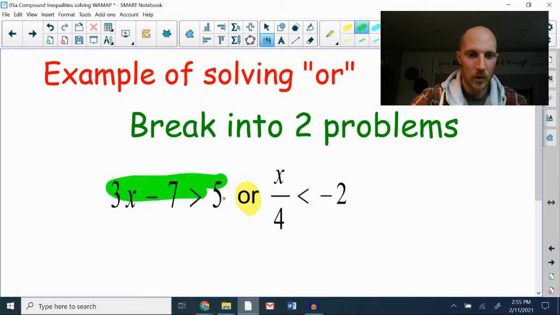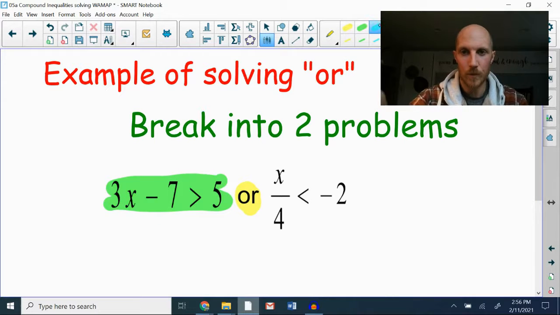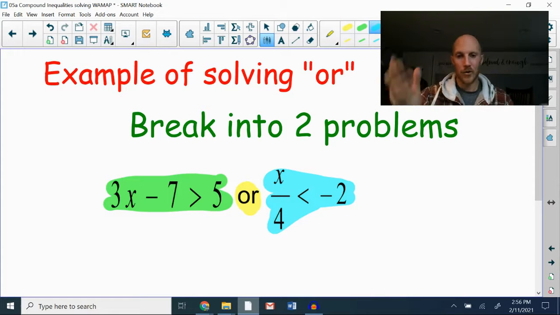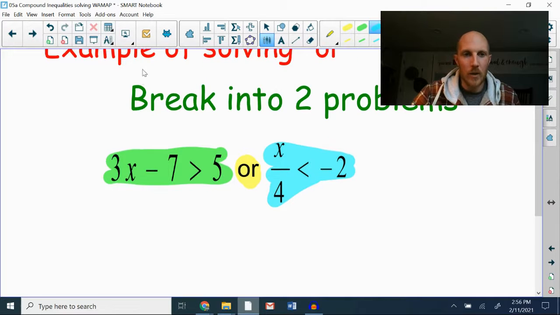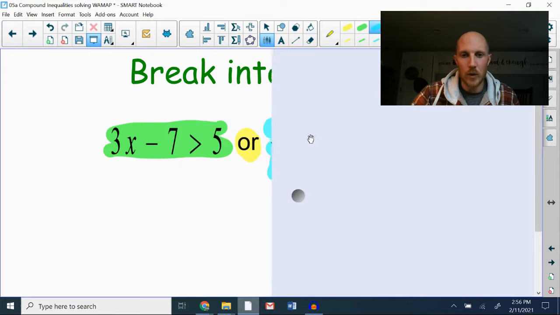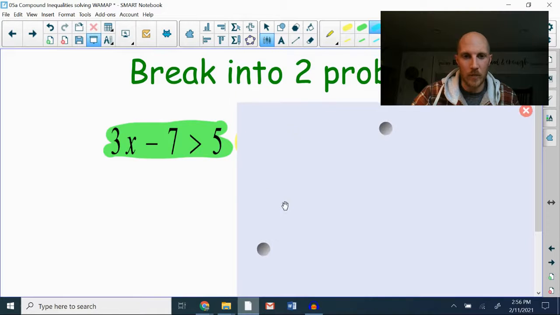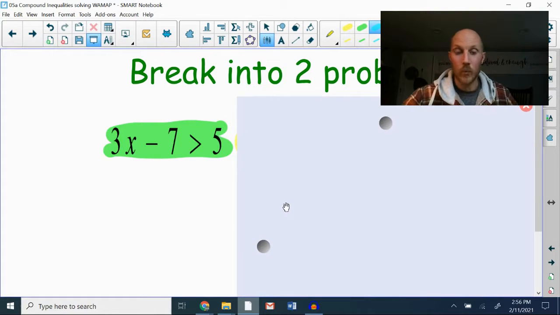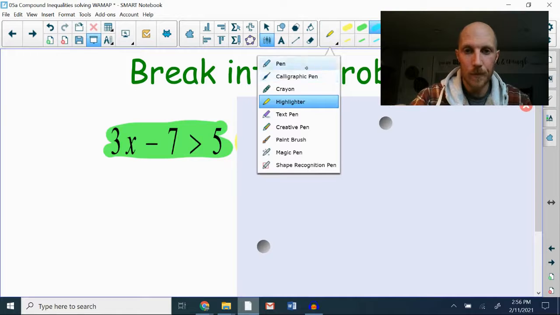So we've got one inequality over here, we'll do in green, and another inequality over here, we'll do in blue. You just cut it right down the middle at the word or. We'll make two completely separate inequalities. So whatever steps we take to solve the green one are totally unrelated to anything else in the problem. So I'll go ahead and cover it up. We don't need to see it right now.